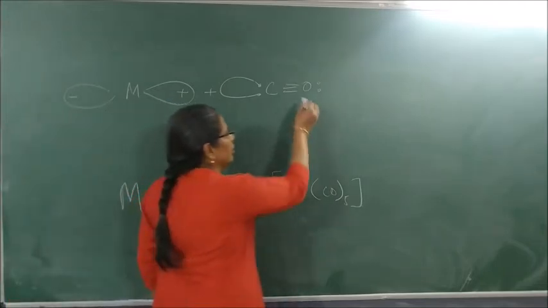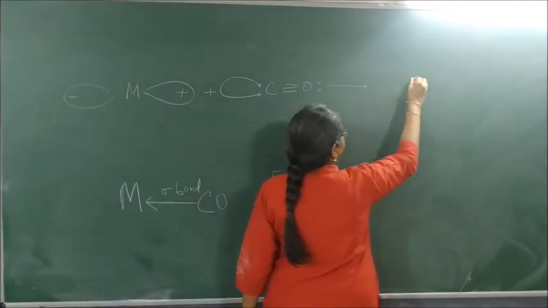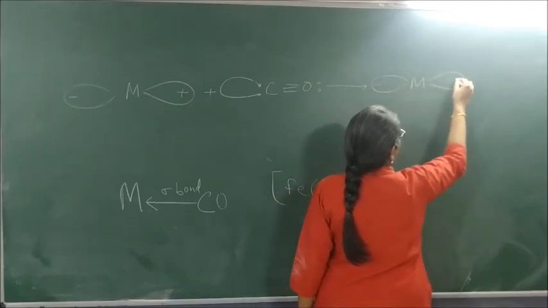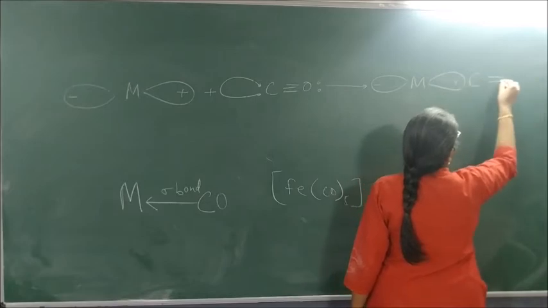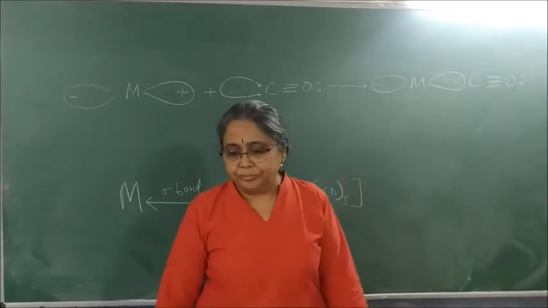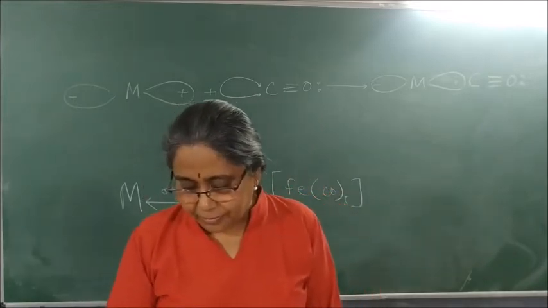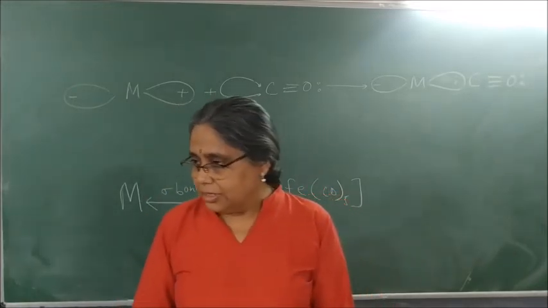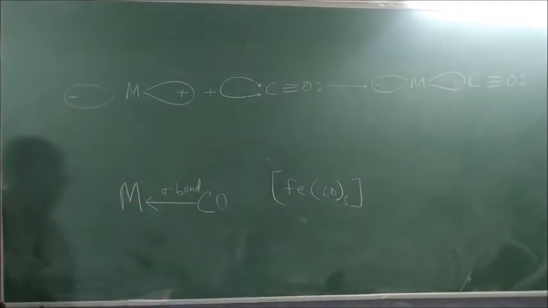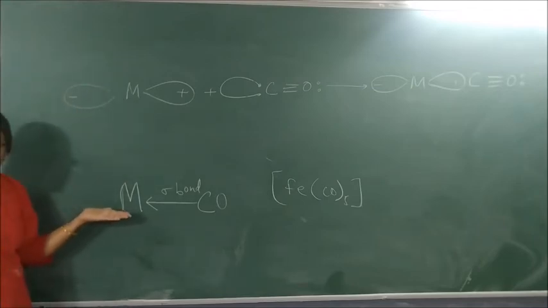Please write the structure like this. I will teach it at the end, but you should know Lewis structures. So this explains the sigma character or sigma bonding in metal carbonyl.